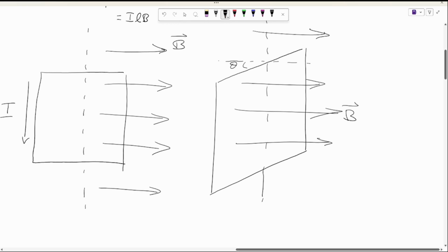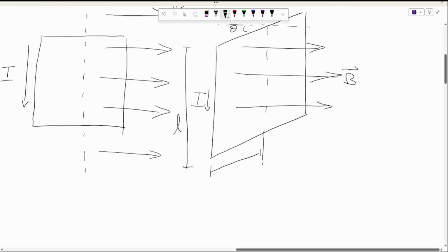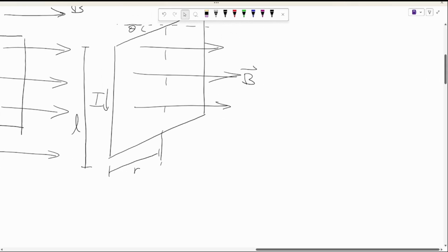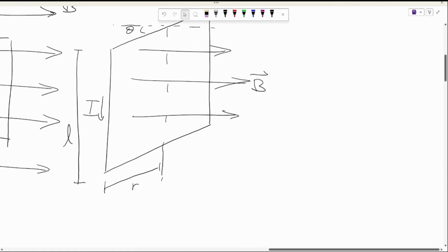So this is I downwards, and we'll call this length L, and we'll call this length here R. Alright, so let's look at the left side of this rectangle here. We have a wire in a B field, so we're going to use F is equal to IL cross B.